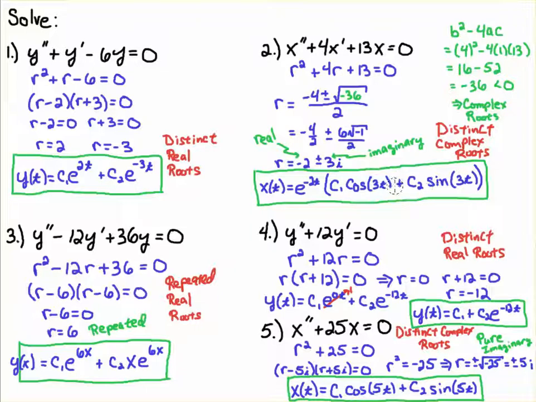Remember to employ Euler's formula and write your solution in terms of cosines and sines. And then in the case of repeated real roots, remember to add this term here, x, to make these solutions what we call linearly independent. That means they're going to be independent of one another. You don't want to just put the same solution. Otherwise, why are you writing it twice? Right? Okay, good luck.